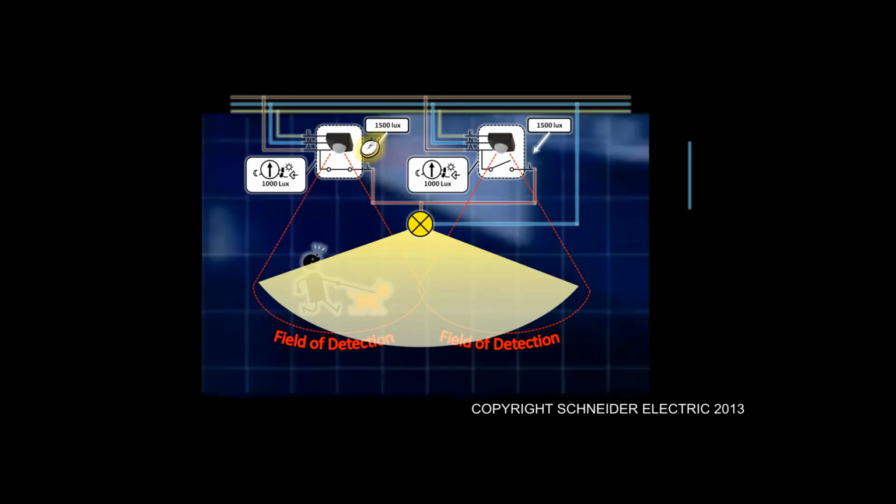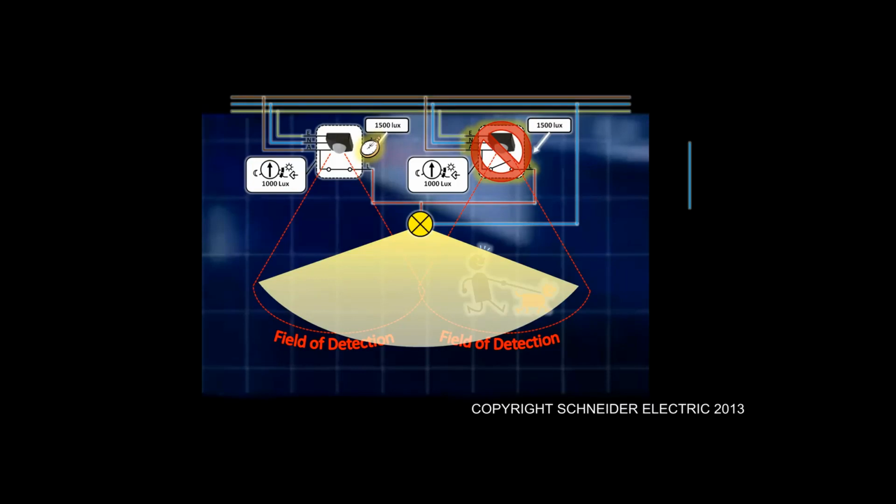Now what happens is, any movement detected by that second sensor, because it's reading, let's just say for this example with that light turned on, 1500 lux, it thinks that there's sufficient light and it's going to disregard any movement. That basically means that if you walk into that second area, it's not going to be taken into consideration. That's something else just to watch out for.